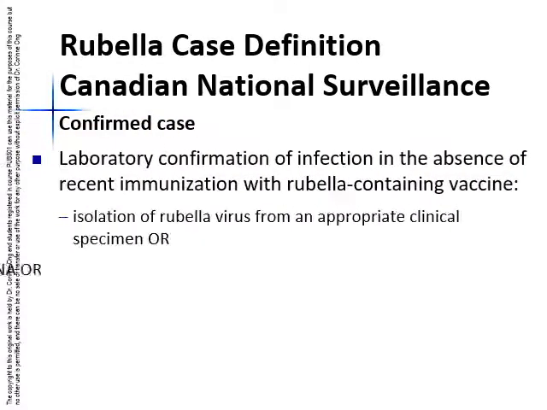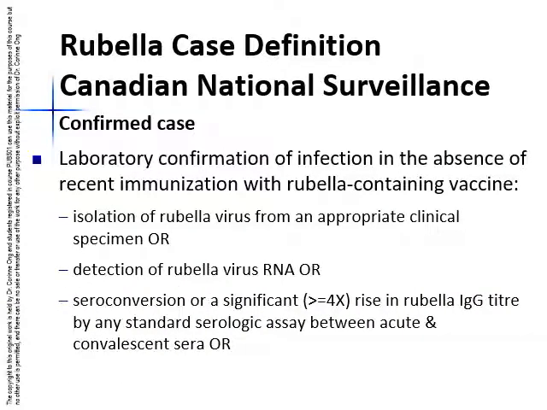A case of rubella is confirmed in the laboratory by the isolation of the rubella virus from an appropriate clinical specimen, or the detection of the rubella virus RNA, or serologically by seroconversion with a 5-fold or greater increase in rubella IgG titer between acute and convalescent serum.